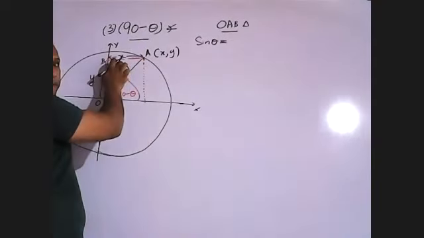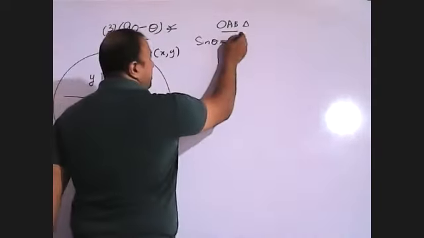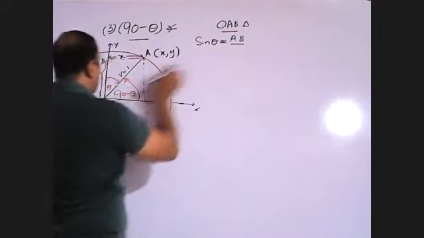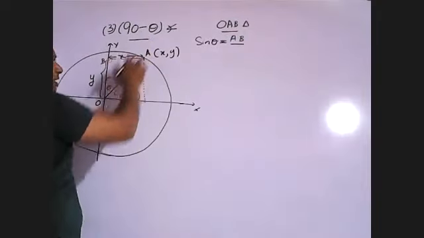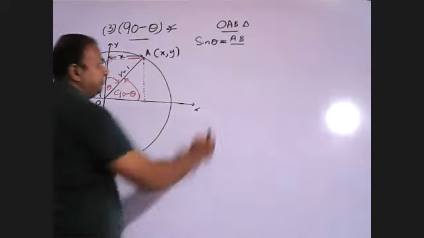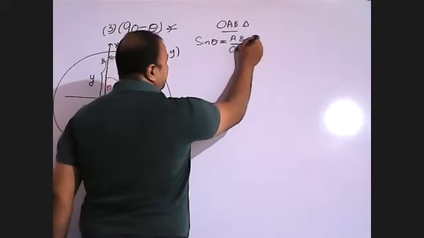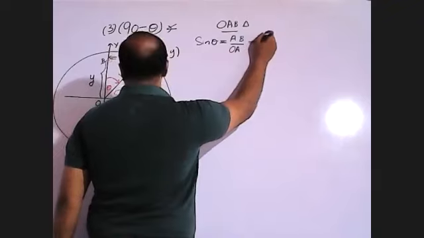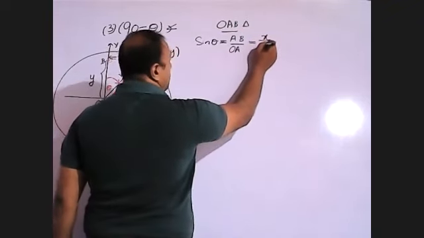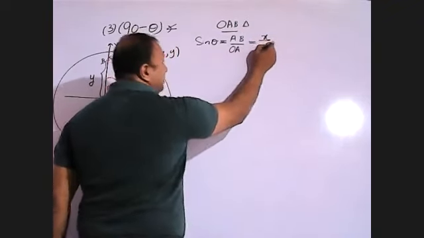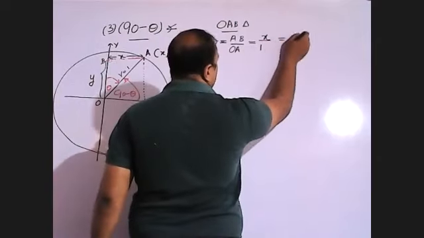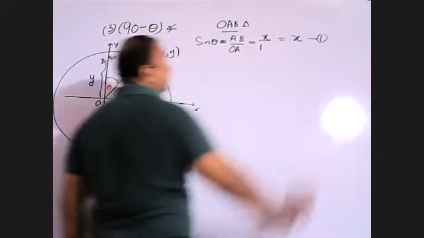Opposite side means AB, hypotenuse means OA, and OA is equal to 1. So that is equal to x.